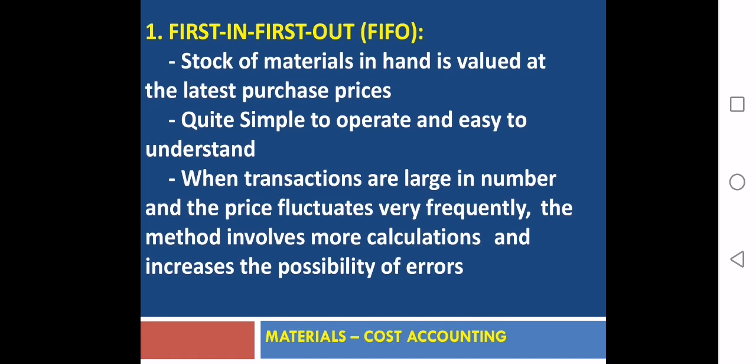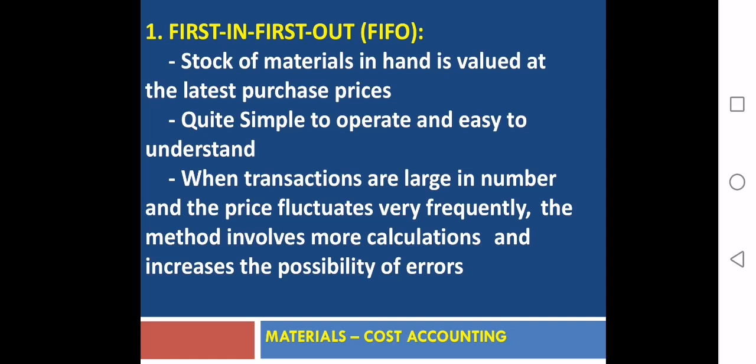And so far we have discussed the features. Almost all the features reflect the positive points except this point. This point says when the transactions are numerous, a huge number of transactions, and at the same time the price is also fluctuating. Sometimes in a single day we may purchase 3 times, and every time we purchase the price may not be the same.